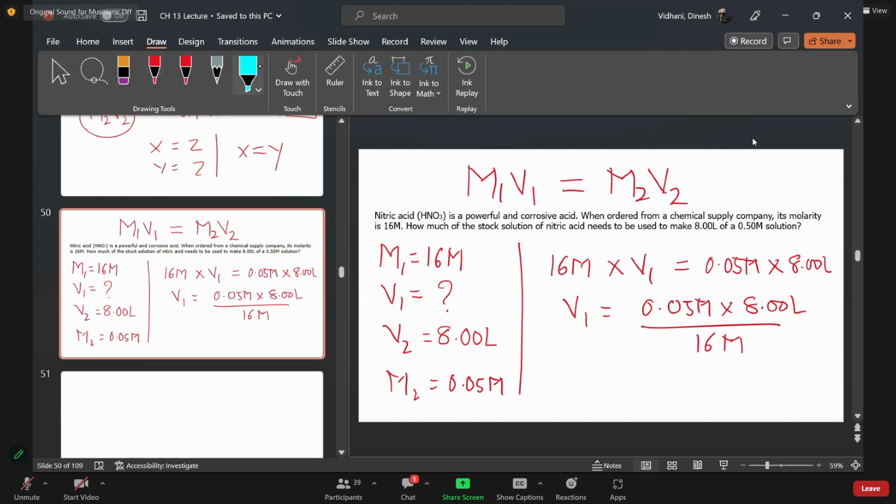You can cancel out molar from the numerator and the denominator, and what you get is 250 milliliters or 0.25 liters. So far, so good. Any doubts so far on that one? Are we on the same page?